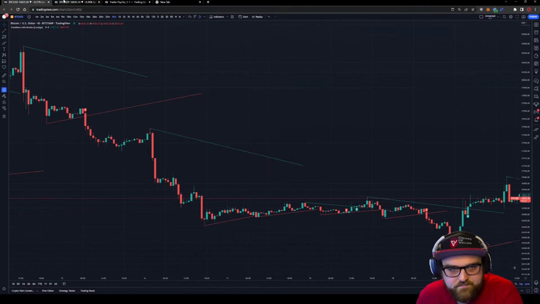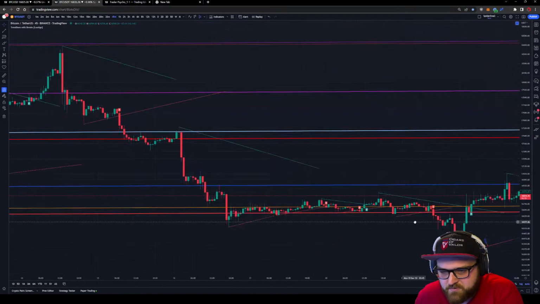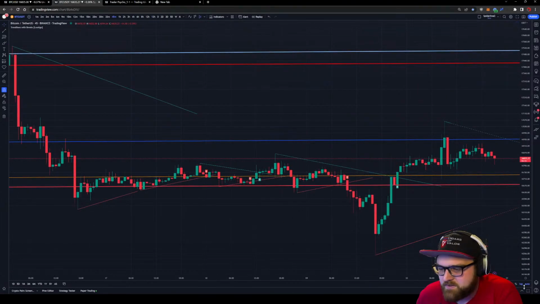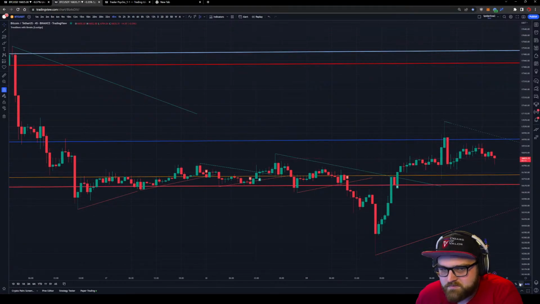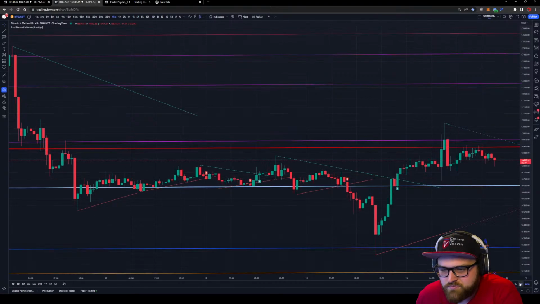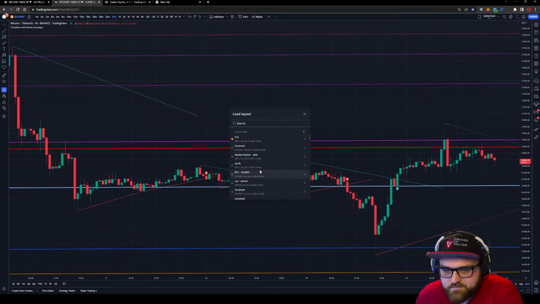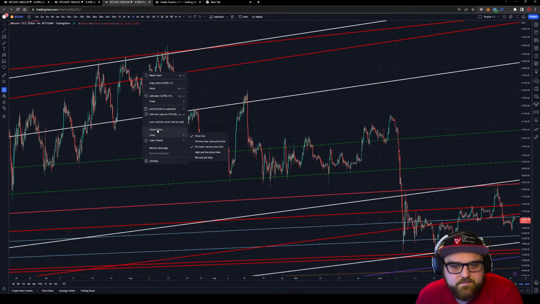Let's look at this incorporated with spider lines on the 45-minute. So what do we get here? This isn't the main spider line chart, it just has a couple examples. So let's do this, and then copy the indicator.